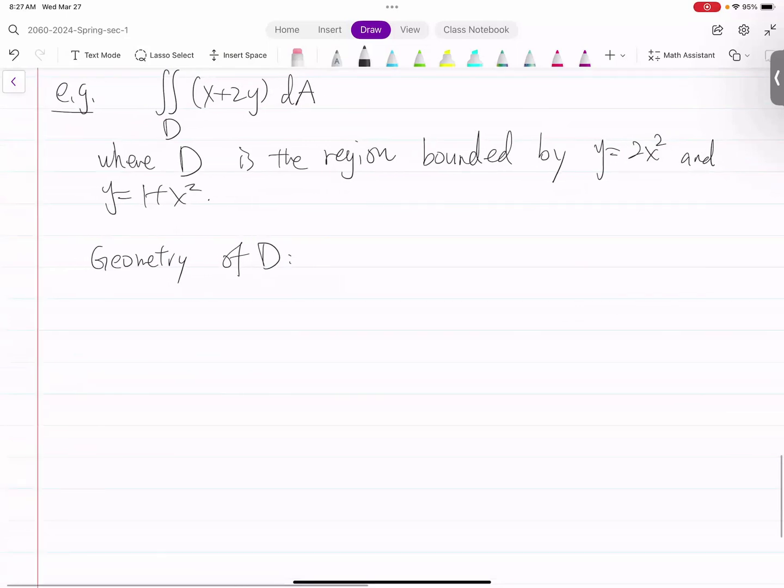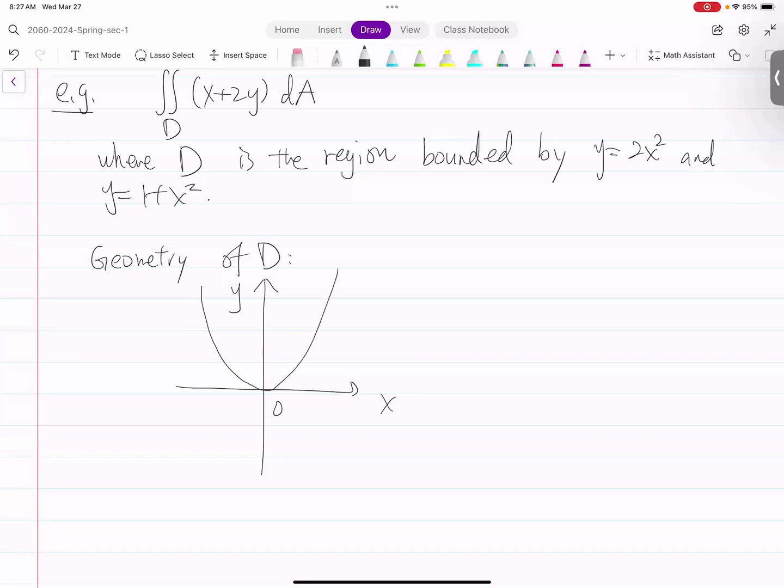So of course, firstly we need to sketch these parabolas. So we can see that y equals 2x squared is a parabola that's steeper in a sense, and y equals 1 plus x squared is not as steep, but it's higher when x is 0. Okay? So you have this one going through the origin. This is y equals 2x squared.